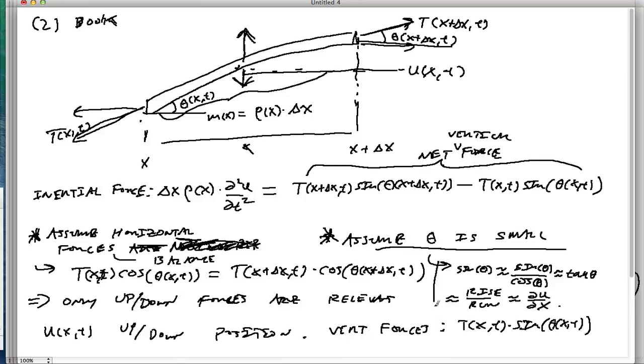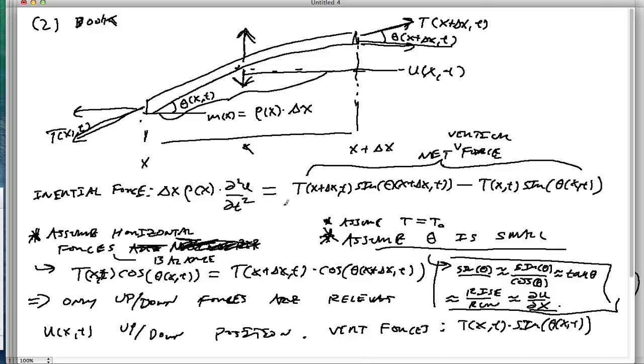All right, so that's our very key argument we're making here, and this is something we're going to stick to. That means that wherever I see a sine theta, I can replace it with du/dx. We're going to make one more assumption: that T is a constant.